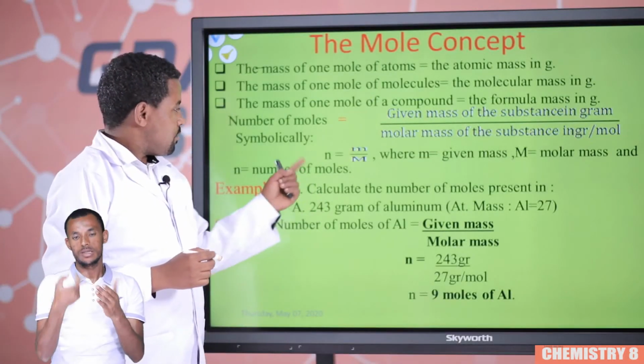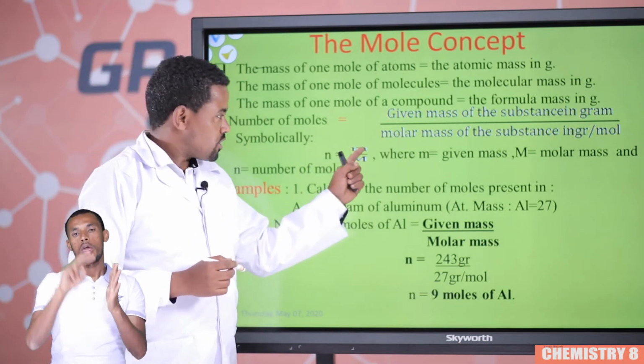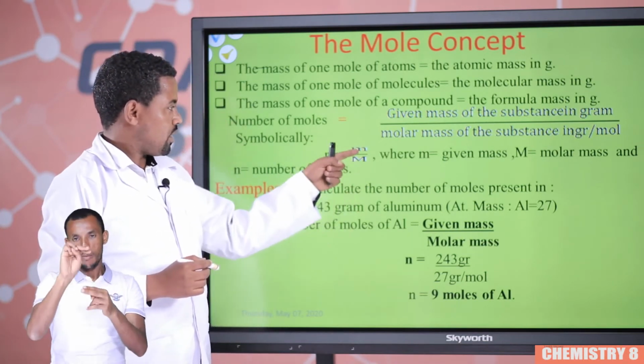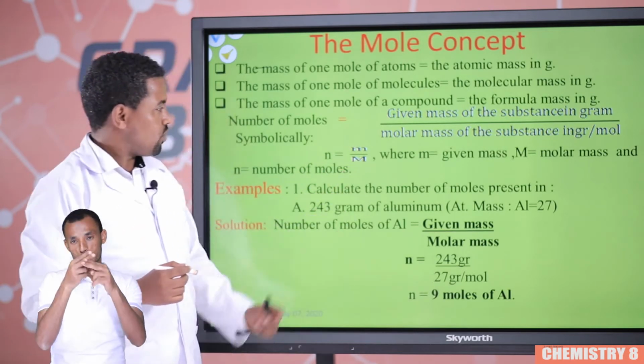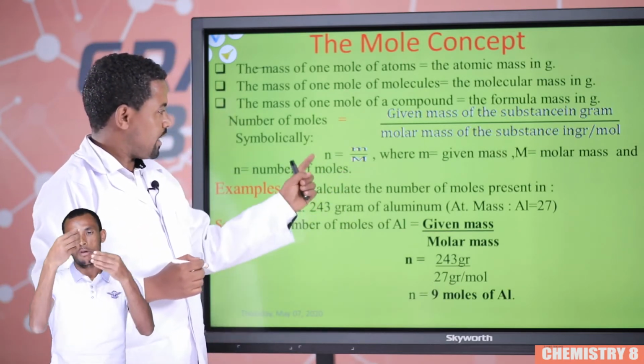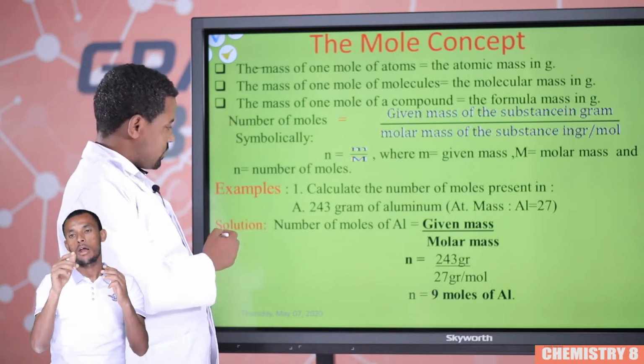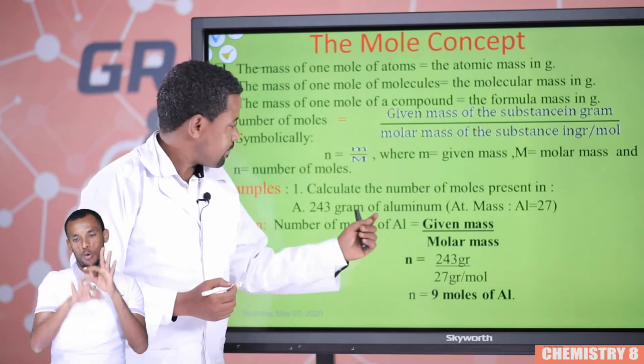Symbolically, you can use n equals small m over capital M, where small m stands for given mass, capital M stands for molar mass, and n stands for the number of moles. Let's see some examples.